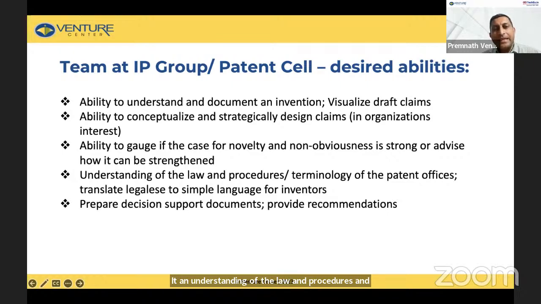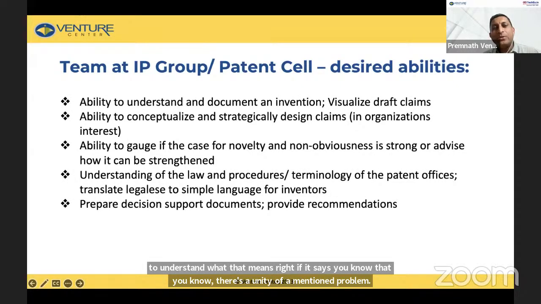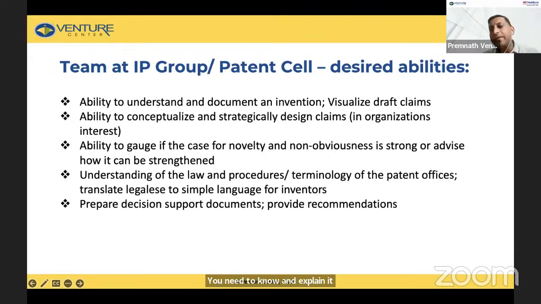Basically, what happens is, if the patent office sends you a note which says, please do X, Y, Z, you need to understand what that means, right? If it says there's a unity of invention problem, you need to know and explain it or understand it in simple words, because your inventors will not, right? And then convert it into actionable items.